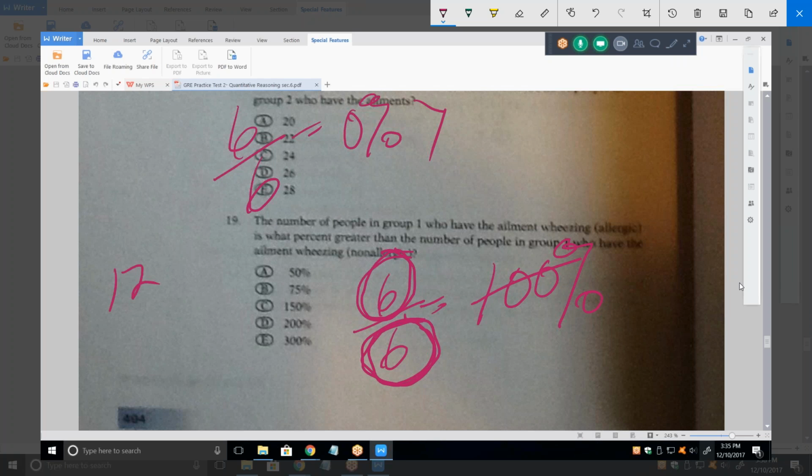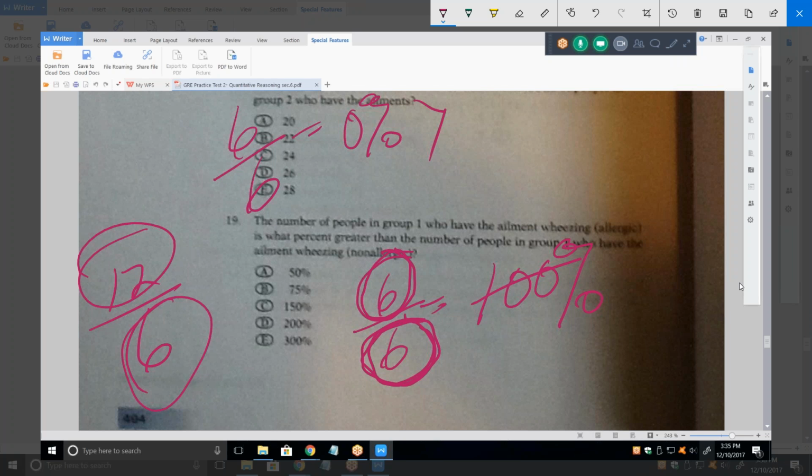If I had two numbers that were, group 1 had 12 in it, group 2 had 6 in it, I would say group 1 had 100% more than group 2. I would also say that group 1 has 200% of group 2.